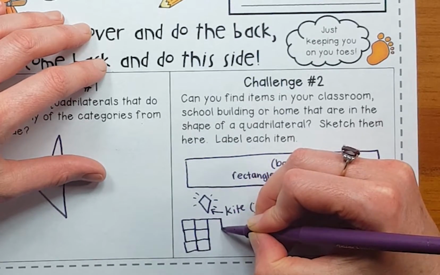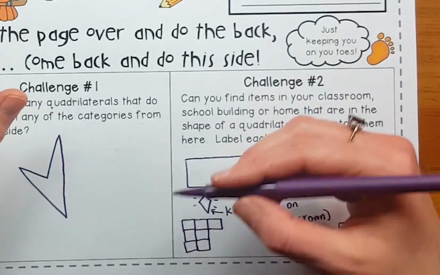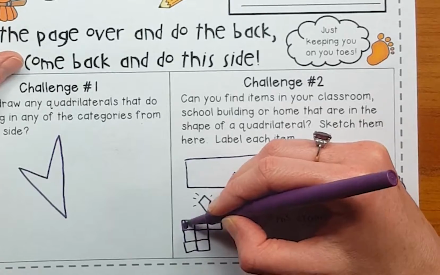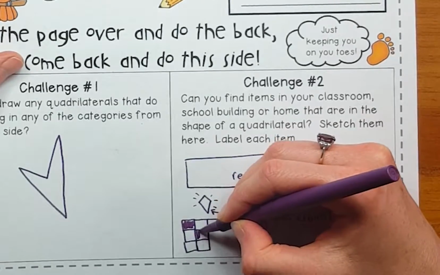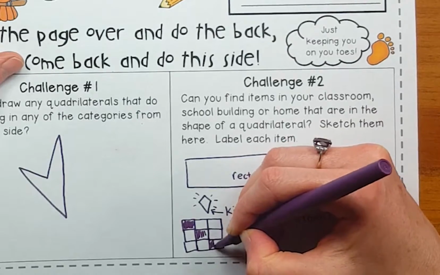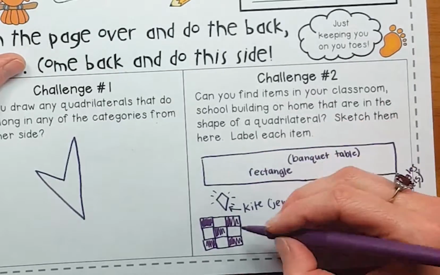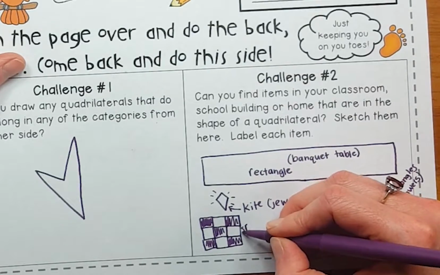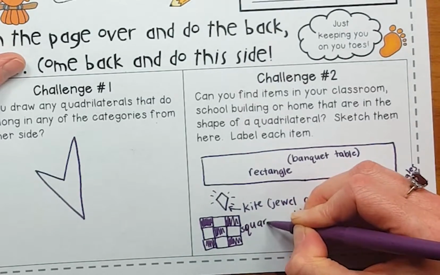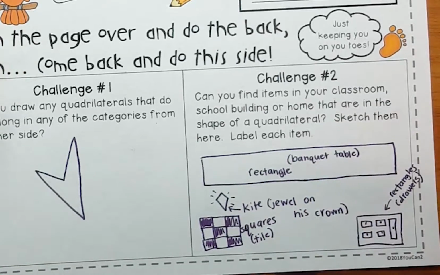And some of them, of course, are darker than others. It's a very nice checkerboard pattern. The tile on his floor is a square. That's tile on his floor.